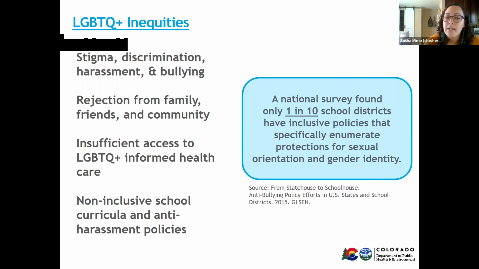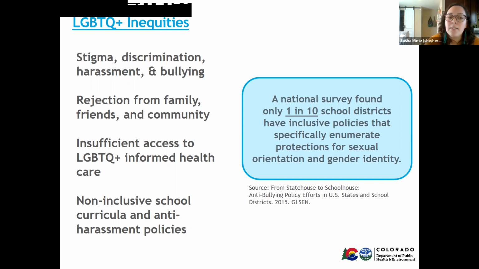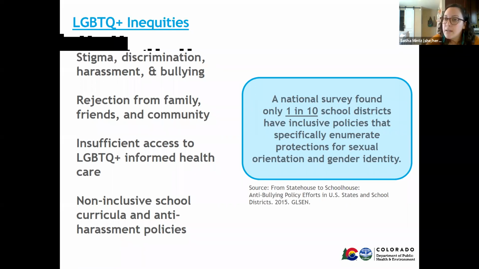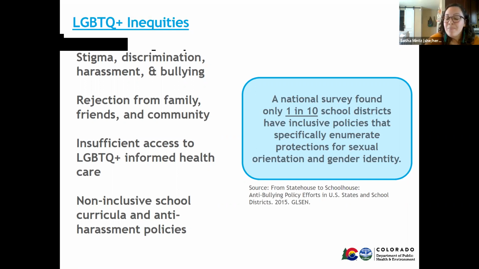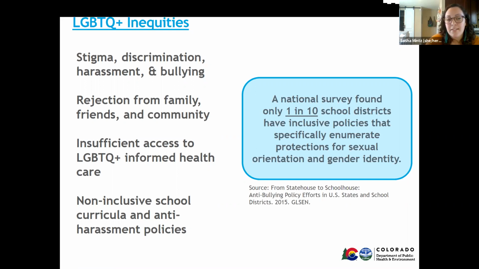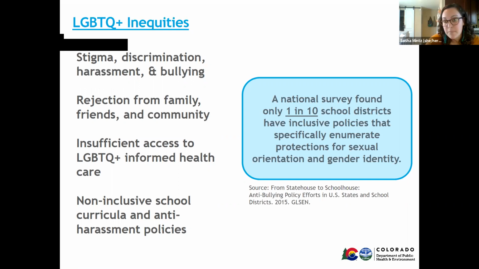However, not having that data to share from our own system doesn't mean we should ignore the disparities that we know exist and contribute to deaths. There are other data sources in Colorado to provide information about health outcomes by sexual orientation and gender identity. In Colorado, we use the Healthy Kids Colorado survey to talk about these disparities specifically for young people.